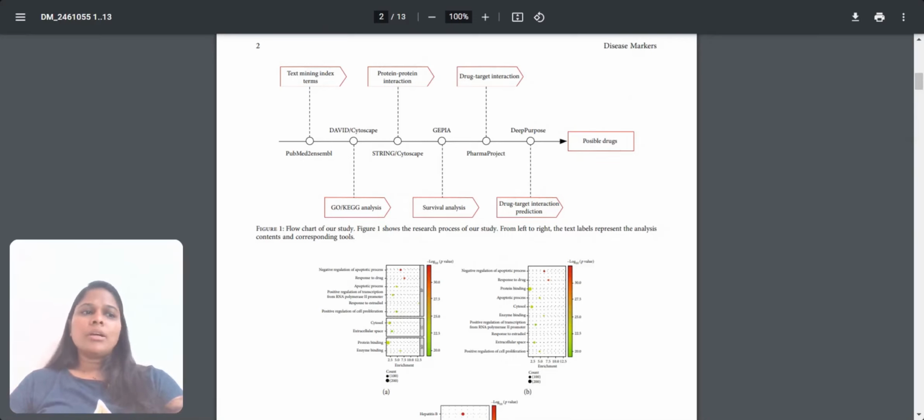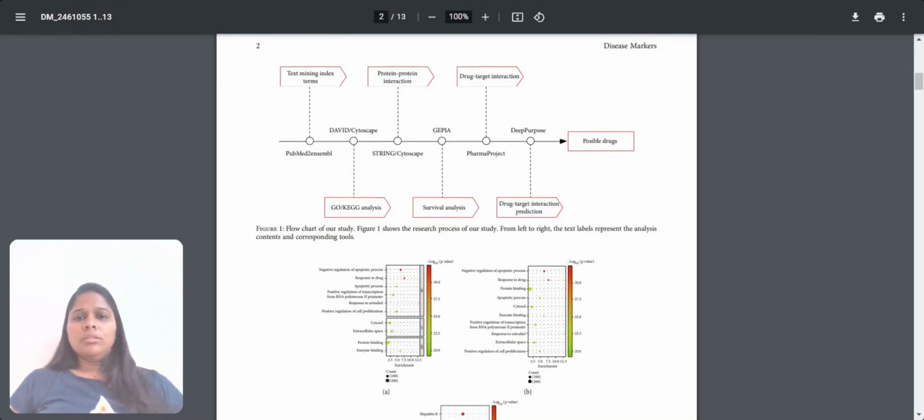Then, further, the most statistically significant process in the GO-KEGG analysis was done. And further, the PPI, that is the protein protein interaction network, was built by using STRING, Cytoscape, and other tools such as DAVID, and 27 genes were screened out by the MCODE.